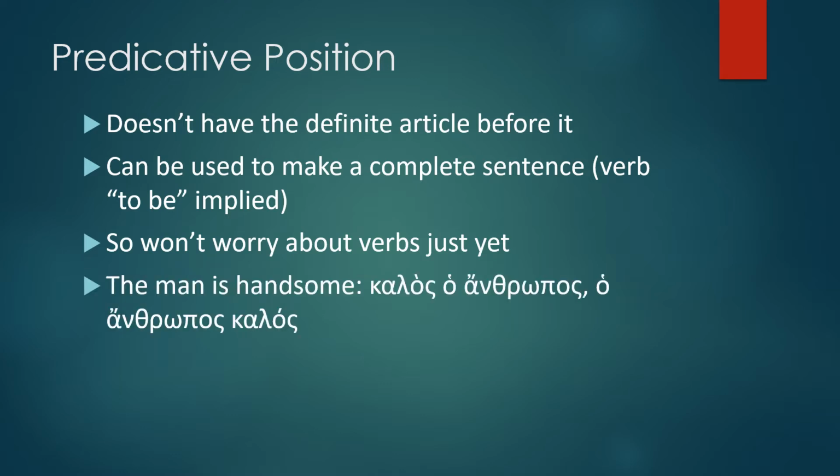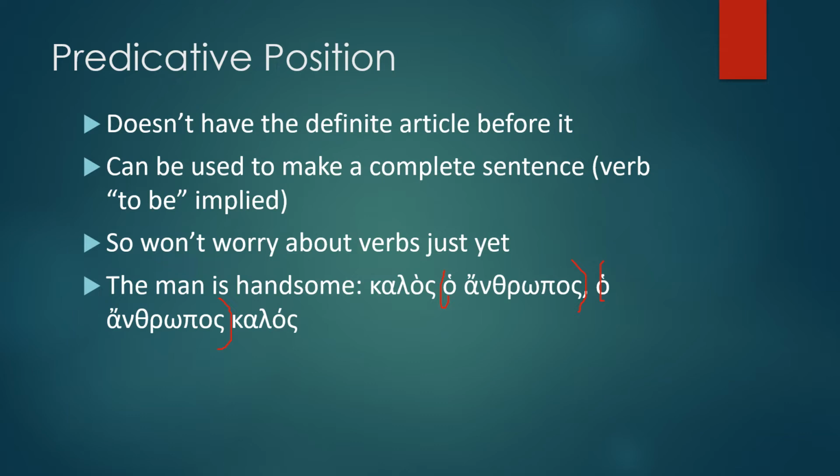Here are a couple of examples. The man is handsome, kalos ho anthropos, or ho anthropos kalos. In both of these cases, you can see that the definite article and the noun it's going with are kind of closed off.